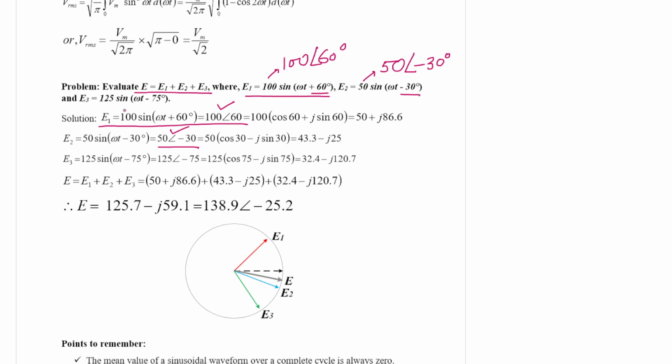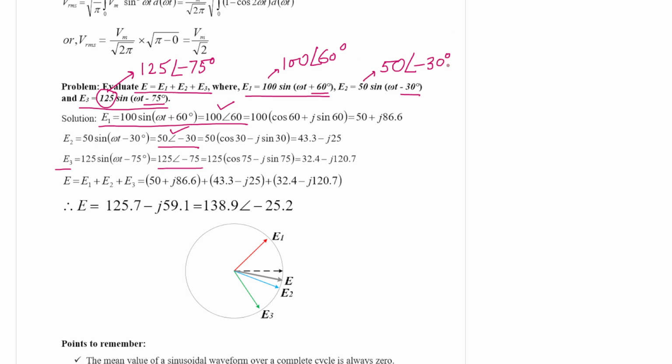And thirdly, E3 is written as 125 sin omega t minus 75 degrees. So 125 is the amplitude. It is not a reference, and it is not leading, because it is a negative angle. So it is lagging by an angle of minus 75 degrees. So E3 is written as 125 angle minus 75.